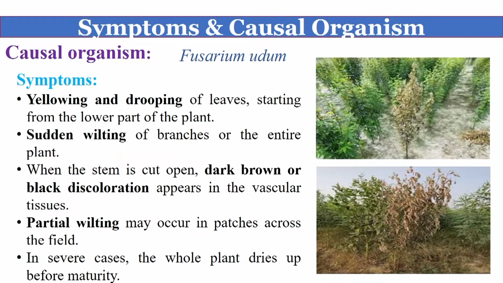When the stem is cut or broken, you will find dark brown patches under the bark, and the xylem vessels are completely blocked, so water and nutrient absorption is clearly checked. Partial wilting may occur in patches across the field, and in severe cases the whole plant dries up before maturity. So a fungal pathogen is responsible for this disease, that is wilt of pigeon pea.